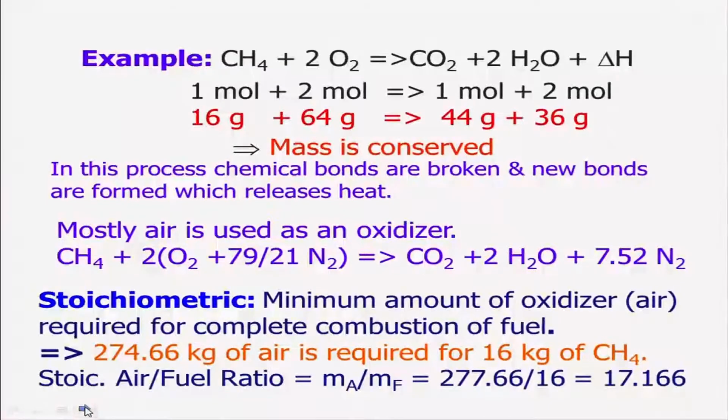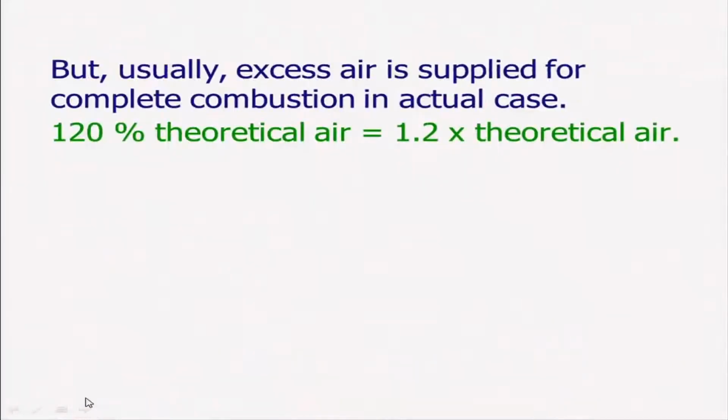So, like this we need to have a balance, that is stoichiometric, but usually what we do is give excess amount of air for complete combustion in the actual case.